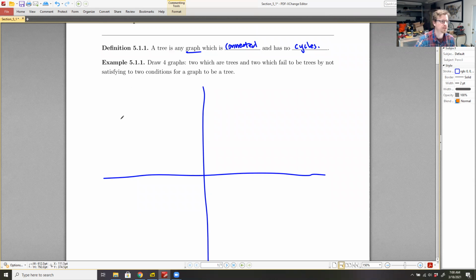So we could consider this collection of 5 vertices and connect them like this. It should look somewhat familiar. I can't remember if there's a little handle over here or not, but right, something like the Big Dipper.